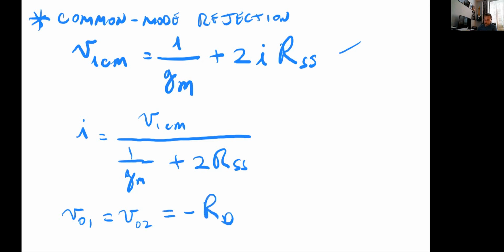Going back to the abstraction of RD for dynamic loads times the current, and then the current I derived here. So now I'm relating that current to the output. Obviously, just looking at one half of the circuit. So in this case, it would be the right, I'm sorry, the left half.